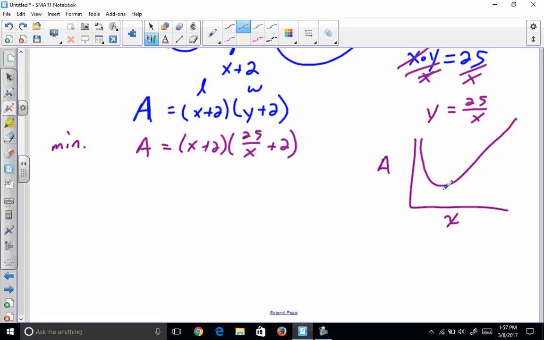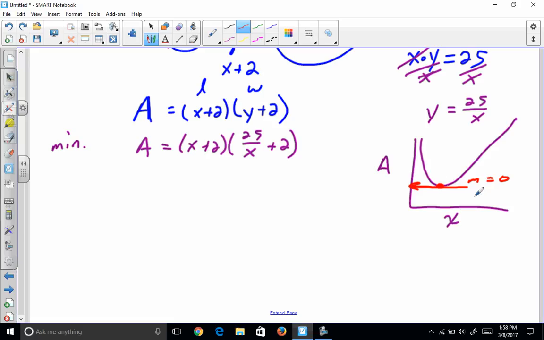We're looking for that point, the minimum point. So the minimum actually corresponds to an area. We want to find out what x coordinate gives us that area. So that's where our slope is 0.